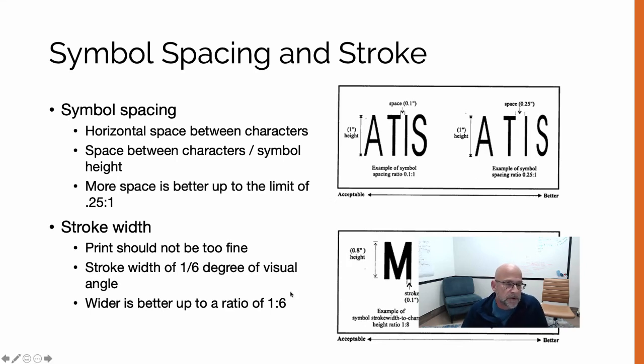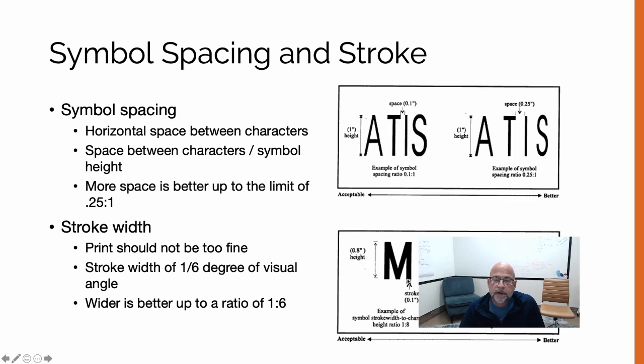Here's another example, stroke width. The print shouldn't be too fine. In fact, a stroke width of 1/6 of a degree of visual angle would be ideal. But wider is better, up to a ratio of 1 to 6. So here you can see a stroke width of about 0.1 to 0.8.